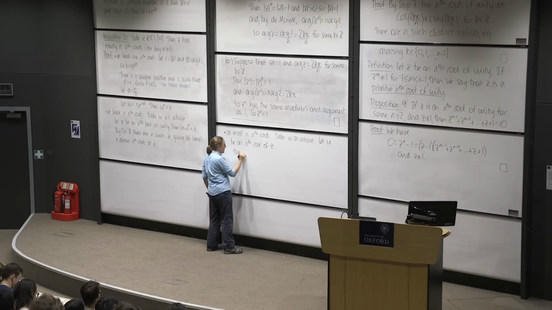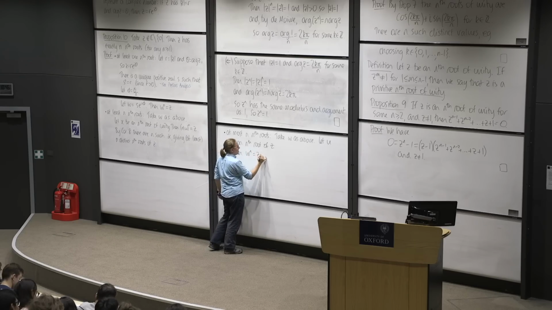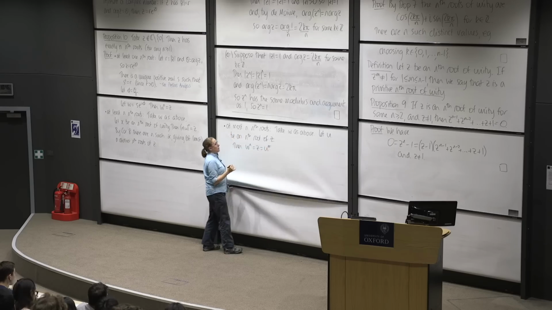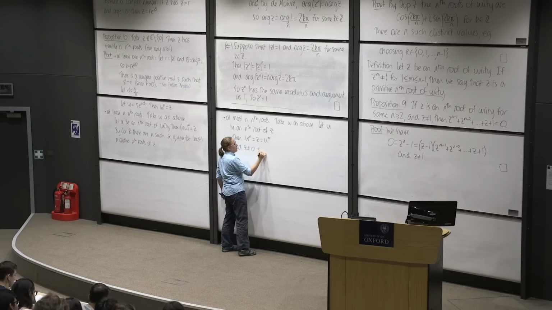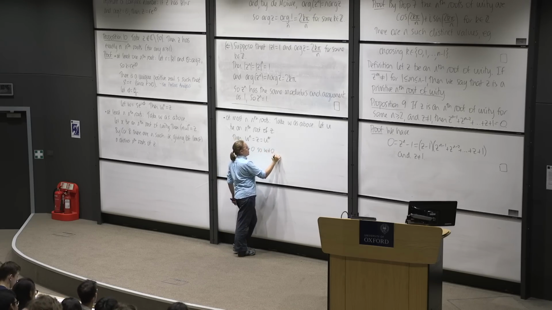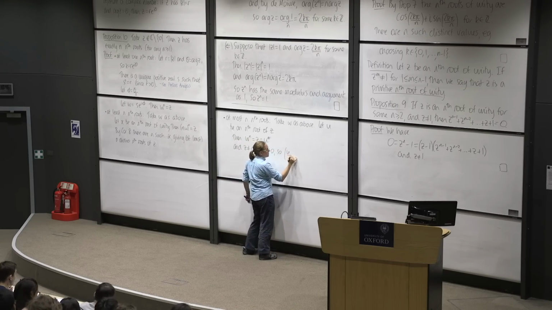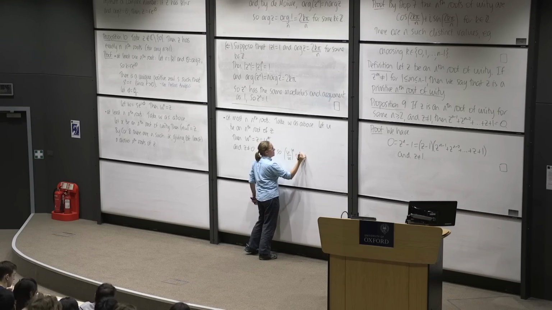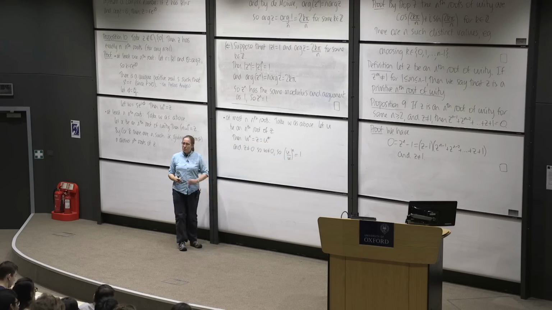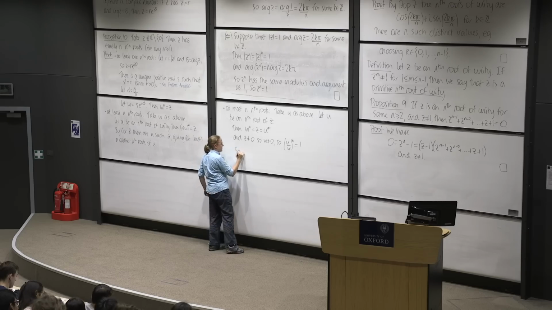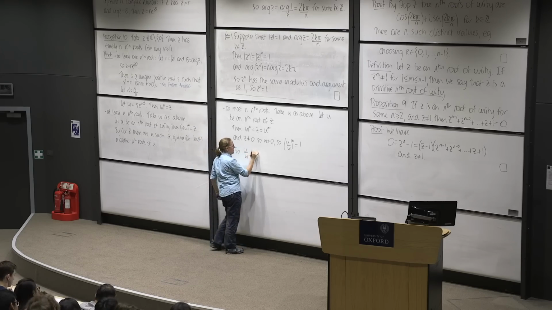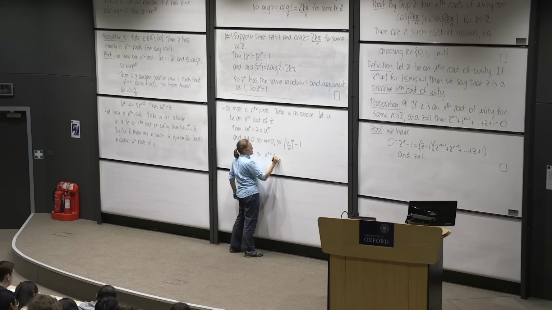Well, we know that w to the n is z, and that's also u to the n. And z is not 0, so w is not 0. So I can do u divided by w to the power n, and that's now 1. Having got u to the n and w to the n are the same, if I just rearrange, this says that u over w is an nth root of 1.